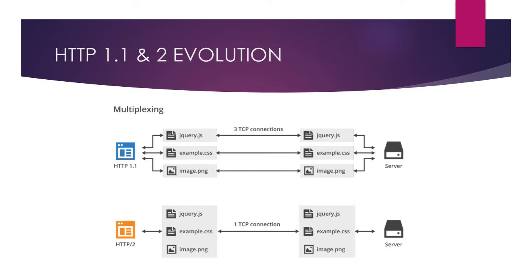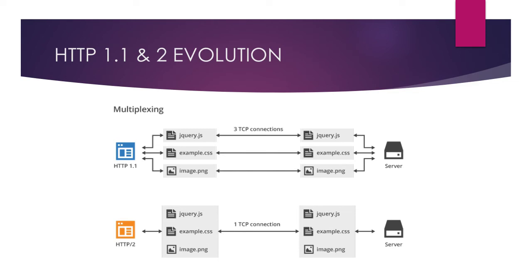Before we go further, we will talk about the HTTP versions, how HTTP has evolved from 1 to 2 and how it is going to work in version 3. In HTTP version 1, there were many limitations. For every request there were different TCP connections.